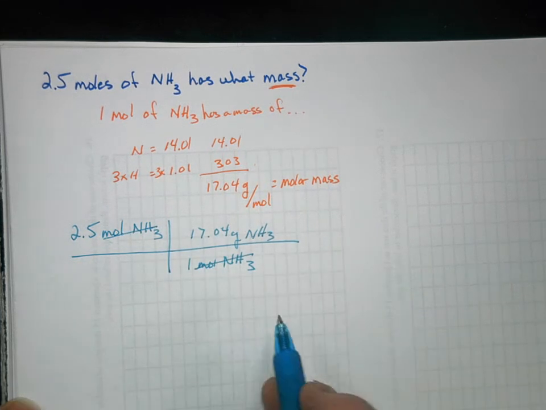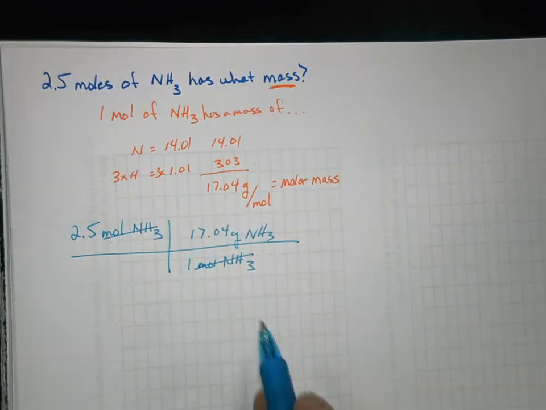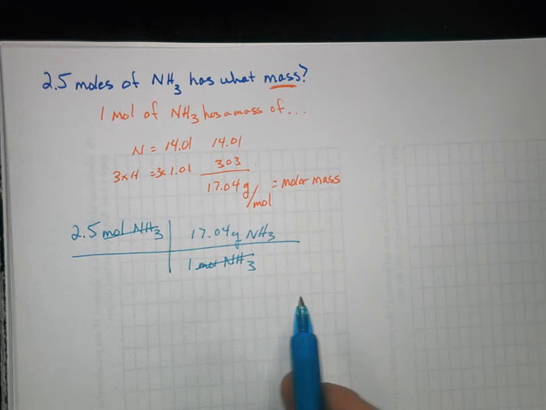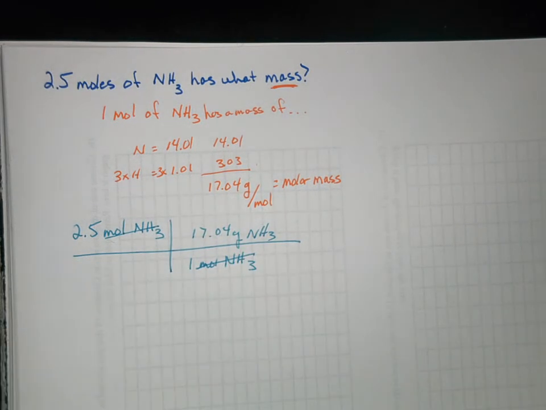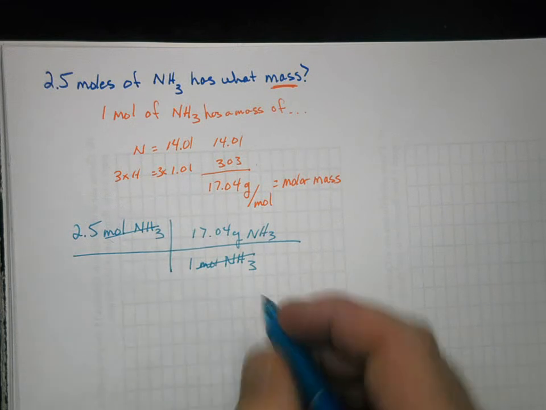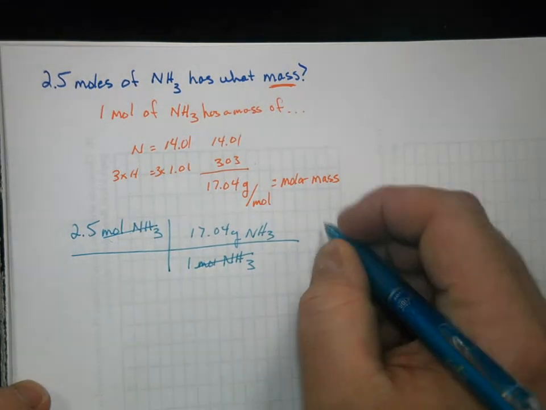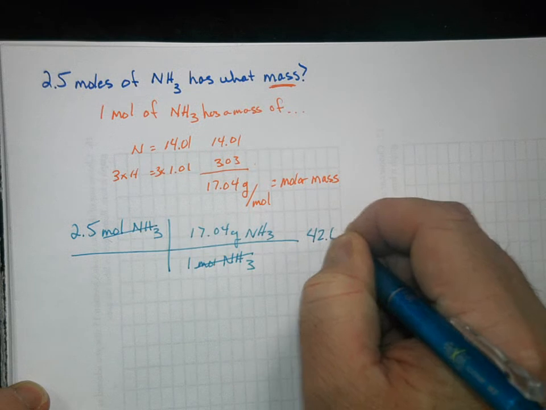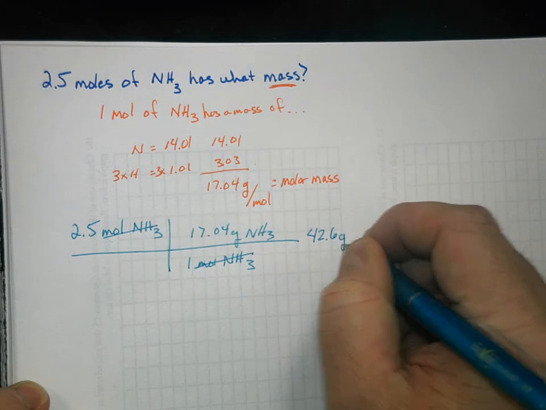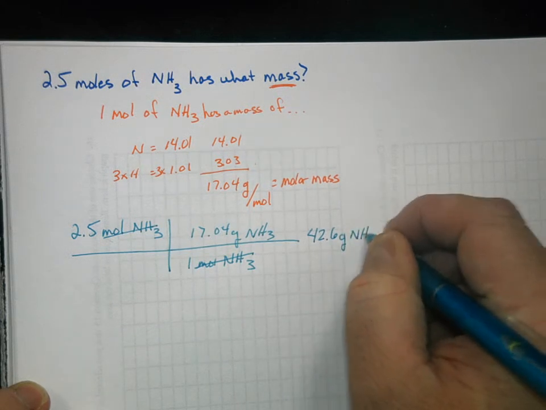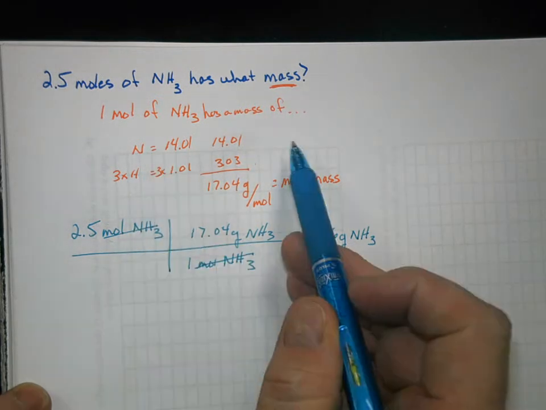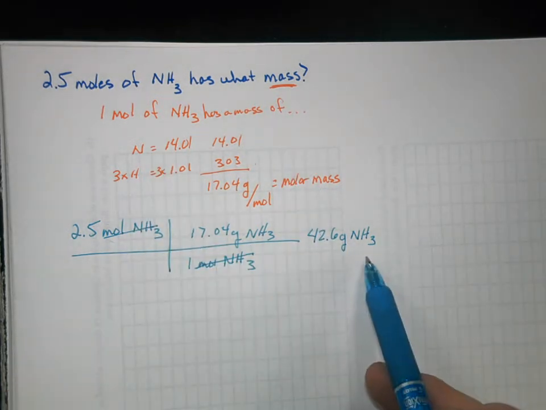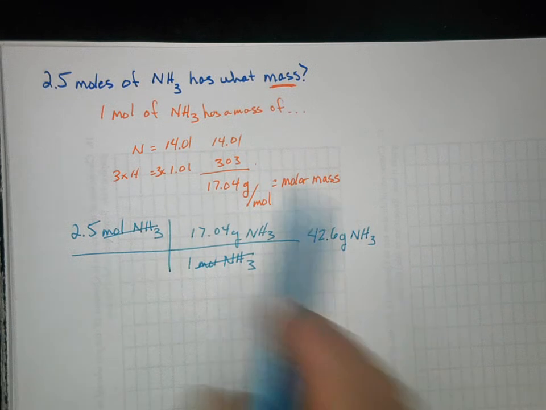We cross cancel our units and multiply: 2.5 times 17.04 equals 42.6 grams of NH3. Ta-da, 2.5 moles of NH3 has a mass of 42.6 grams of NH3, because we multiply.